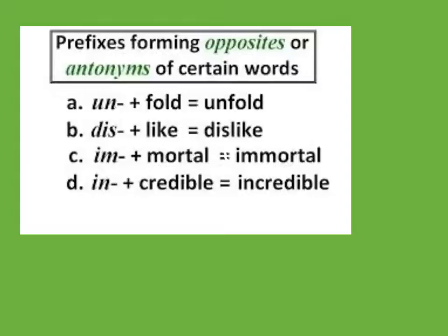And as I earlier said, our focus is on the prefixes forming antonyms or opposites of words, so we'll focus on the opposites that are formed using the prefixes denoting opposites. So instead of saying unbelievable, we'll say incredible.